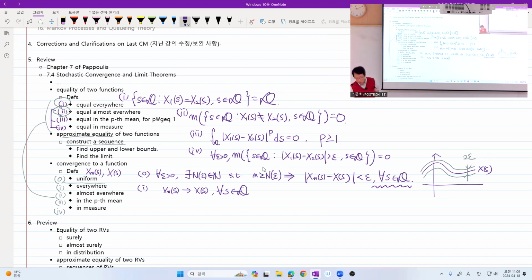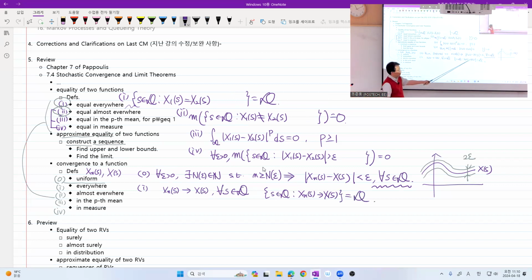And of course, by using the set, we can rewrite it like this: s in the domain such that xn of s converges to x of s. By the way, it seems we don't need this, right? Because we specified it already. Okay.